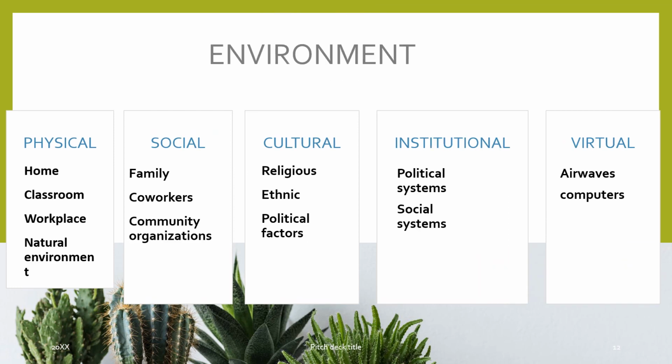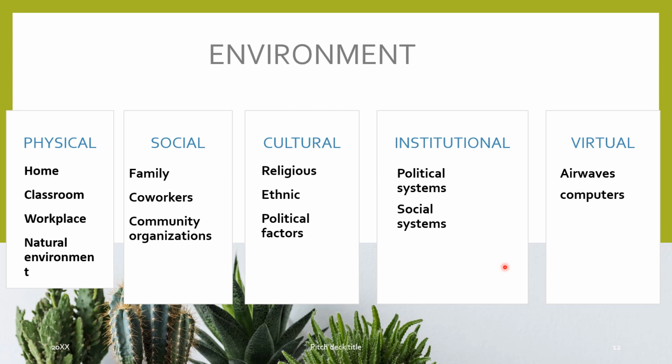Okay. Environment has physical, social, cultural, institutional, and virtual. In the physical environment, you might consider your home, a classroom, a workplace, and then the natural outdoor environment. There could be a social environment, which would include family, co-workers, community organizations.